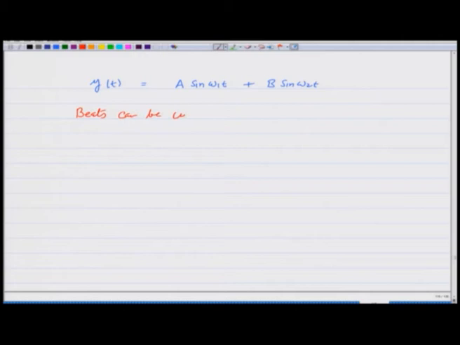Beats can be understood easily if we take A equals B. That means I am taking the amplitude of the two waves to be the same.